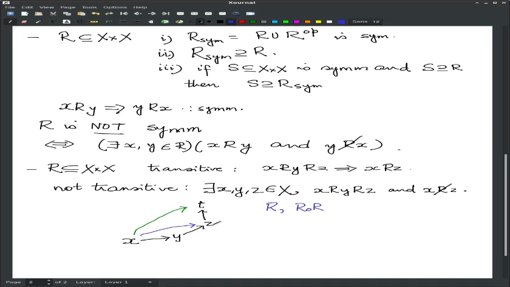So that is (x, z), that is in R composed R. Then you take R composed R composed R. Let me write it like this, since I drew this one in black, and then possibly further ones. And you carry on and on like this.